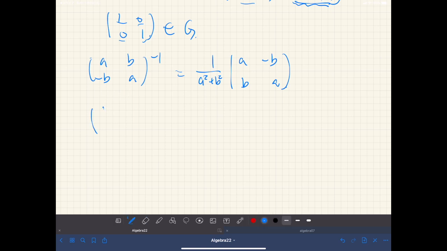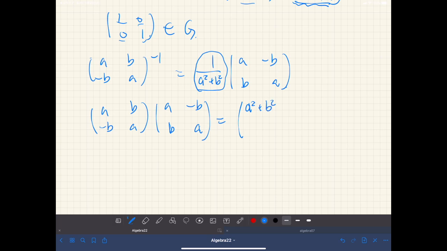Let's see. Just for the sake of simplicity, ignore this factor for the moment and calculate this, and we have A squared plus B squared, and minus AB plus AB, so that's 0, minus AB plus AB, that's 0, and minus B times minus B, that's B squared, and A squared.